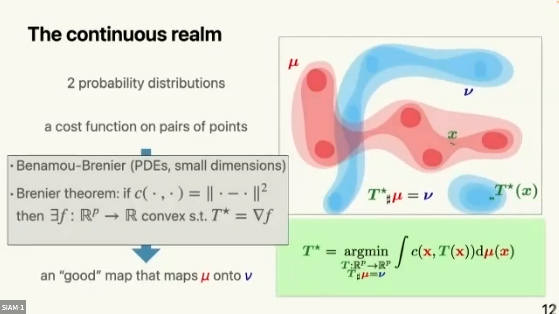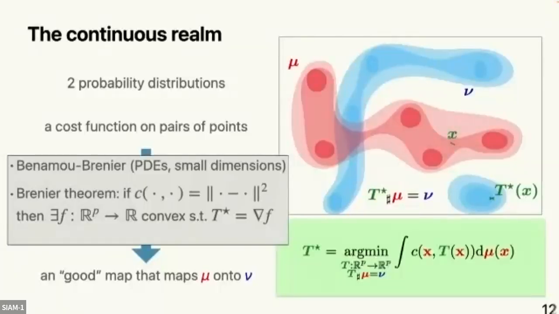The first result was this Brenier theorem, which is the following. If your goal is to find an efficient way to transport a probability distribution in R^d onto another, and you score the cost of this transport with the squared Euclidean distance, then what Brenier found is that no matter what the distributions are, if the input distribution is continuous, the best way to transport the measure into another will always be to follow the gradient of a convex function.